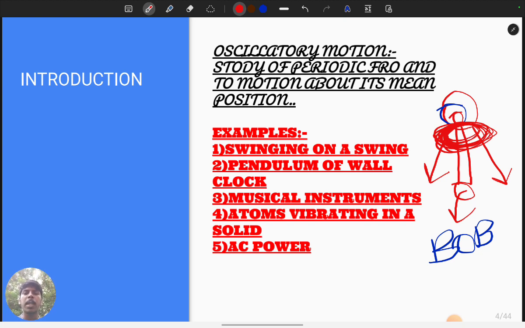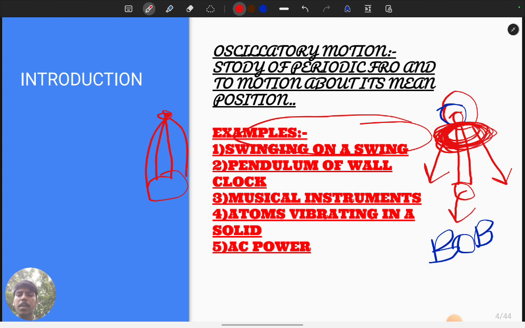Let me explain some examples of oscillatory motion. Swinging on a swing is an example of oscillatory motion. For example, this is a swing.